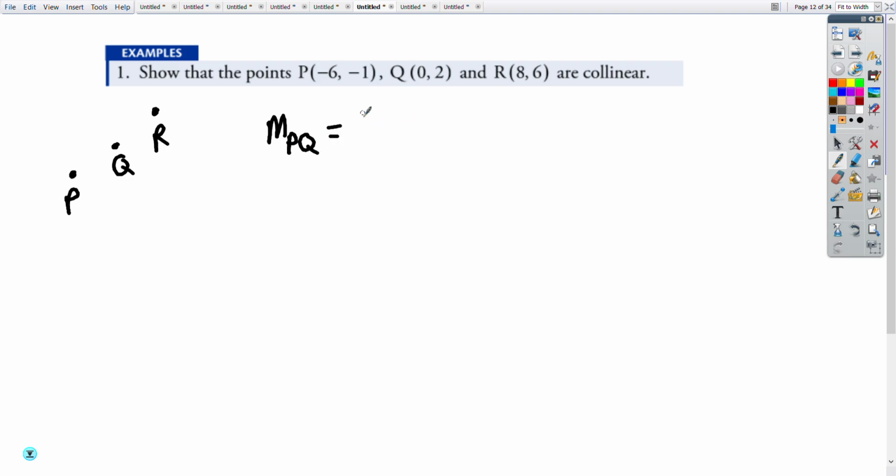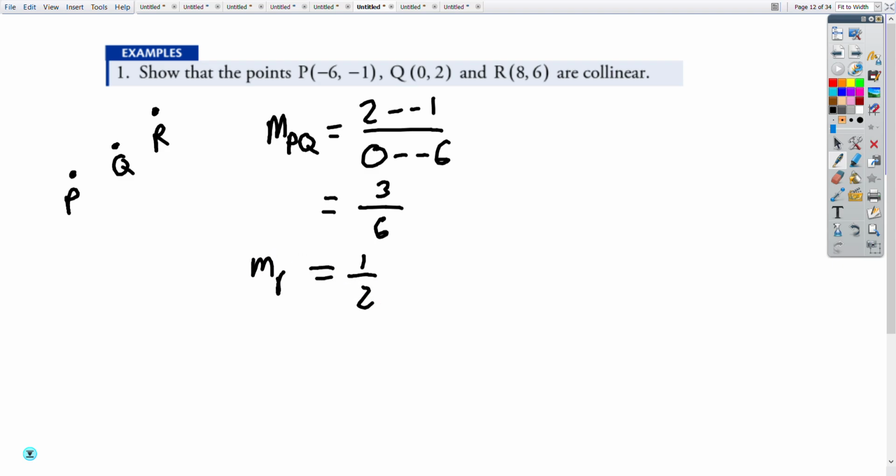So that is y2 minus y1 over x2 minus x1. So that's 3 over 6. So that is a half. So the gradient between P and Q is a half.